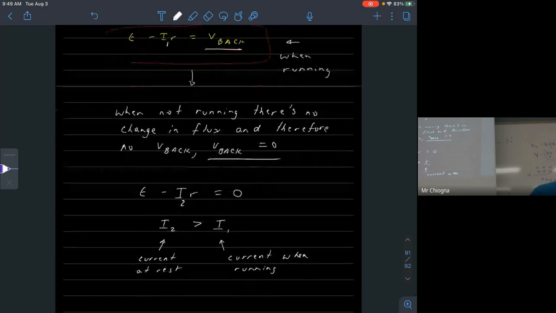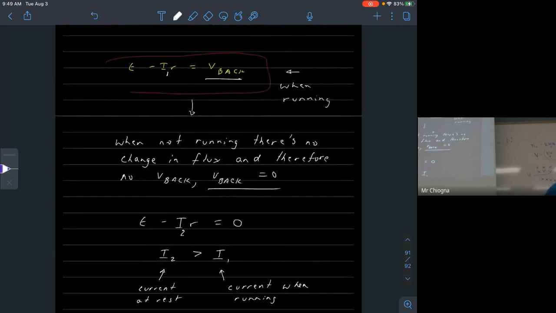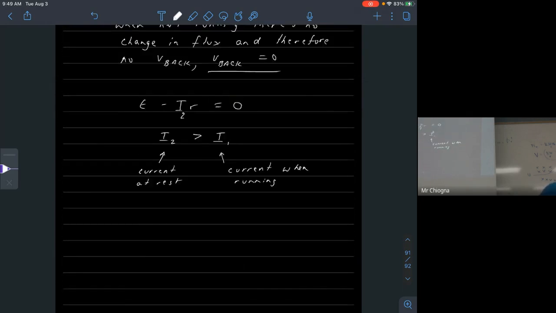Okay, so back to this original question. So what's V back? We're going to use this equation here. V back is equal to what? E. This is the starting voltage, starting or ideal voltage.